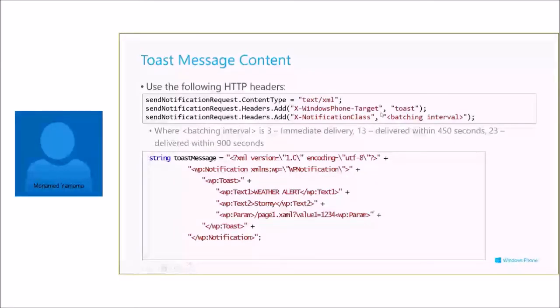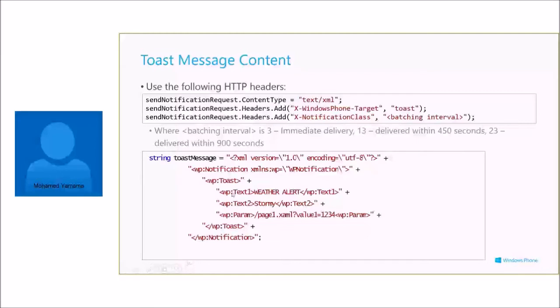You add that the target of the message you're sending is a toast message. You can set the notification class value to 3, 13, or 23 based on the delivery timing you'd like: 3 is immediate, 13 is within 450 seconds, 23 within 900 seconds, for example.